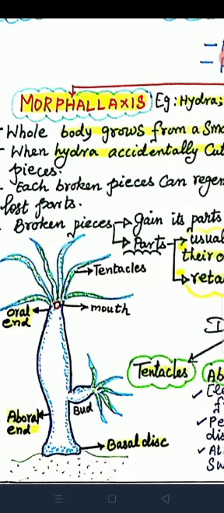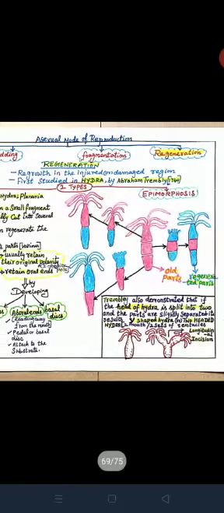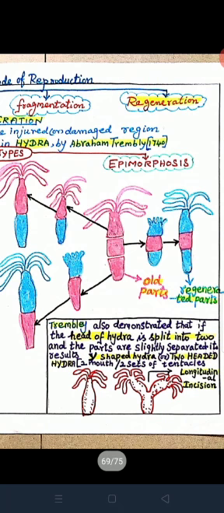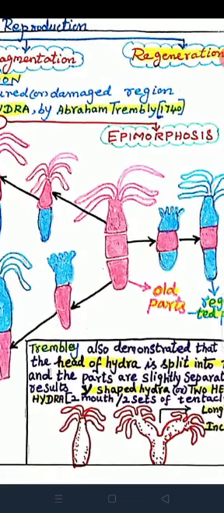See the picture. When Hydra is accidentally cut into several pieces, each broken piece can regenerate the lost part. This is the exact picture of Hydra. See, in this picture, a Hydra which is going to become pieces or fragments, I highlighted with pink shade.